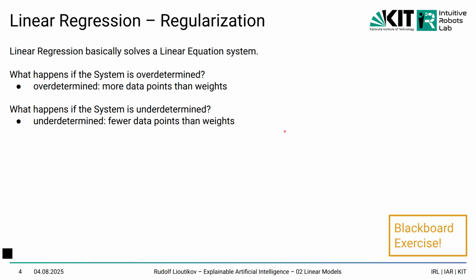What happens in the other case? What happens if we're underdetermined? If I give you 2 data points. Let's wait for a second. Anyone else? A lot of you have heard about linear models, so you should all know.